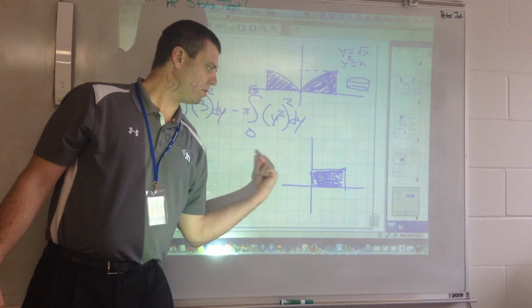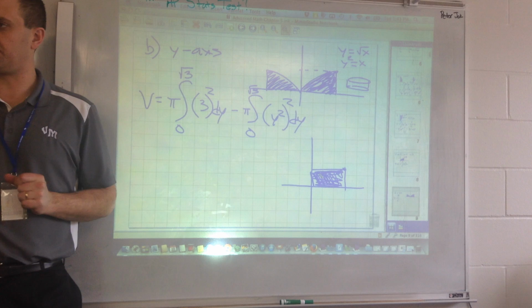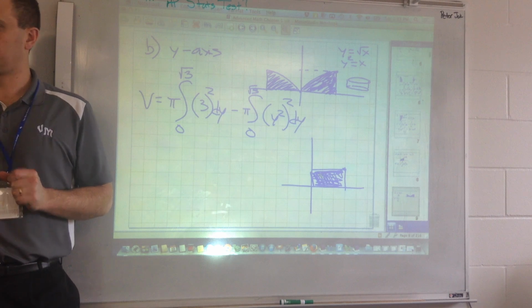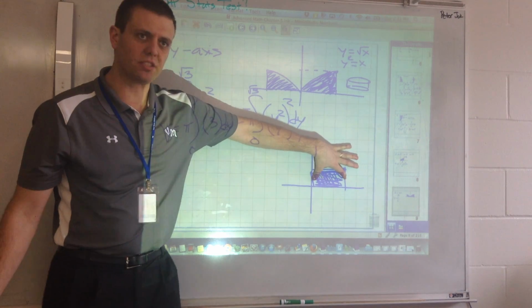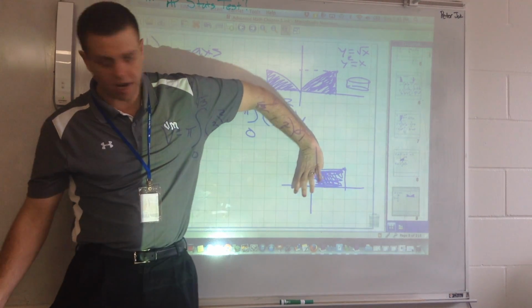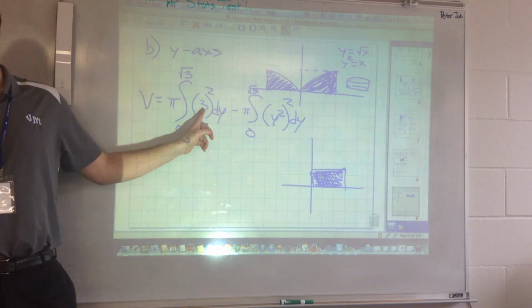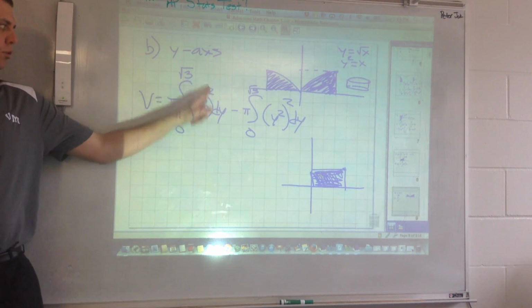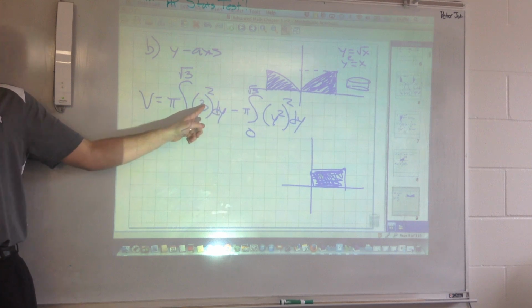Envision this rotated around, and the cylinder that is created. What is the radius of that cylinder? 3. The radius of that cylinder rotated around would be 3. That's where this 3 is coming from, because this is your pi r squared h. This is your radius.